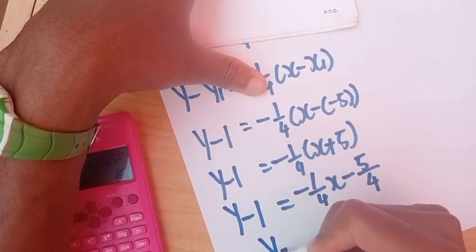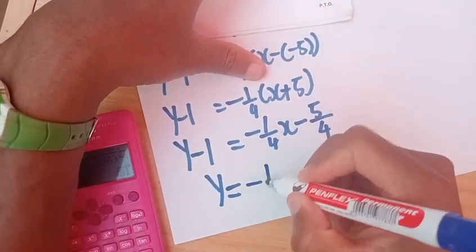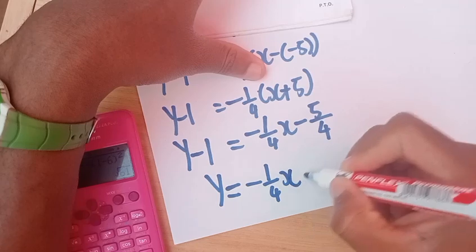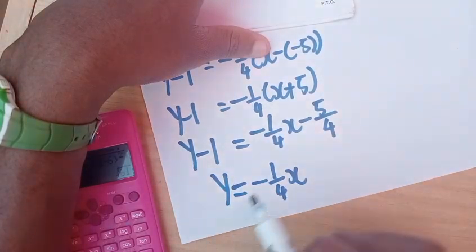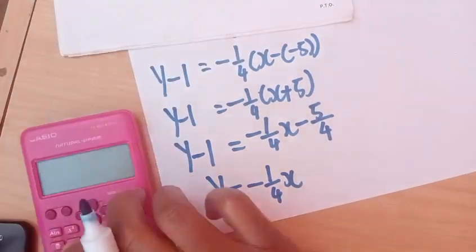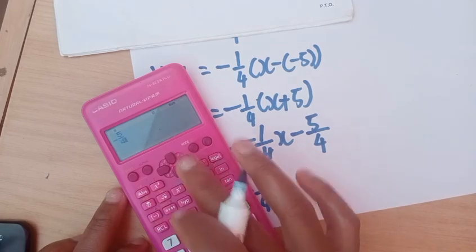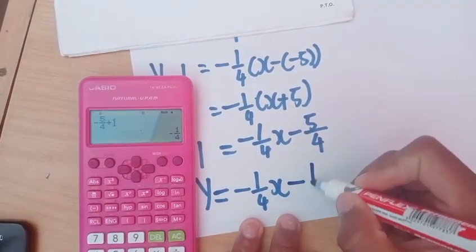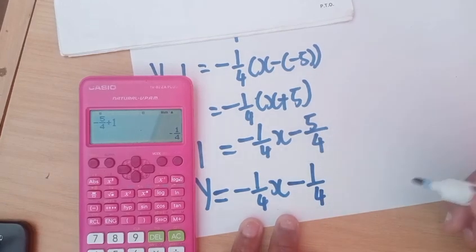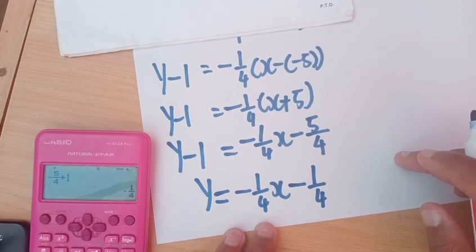Then y is equal to minus 1 over 4 x. The 5 over 4 jumps to the right-hand side, so it changes from negative to positive, and we have minus 5 over 4 plus 1. So this is the equation of line KP.